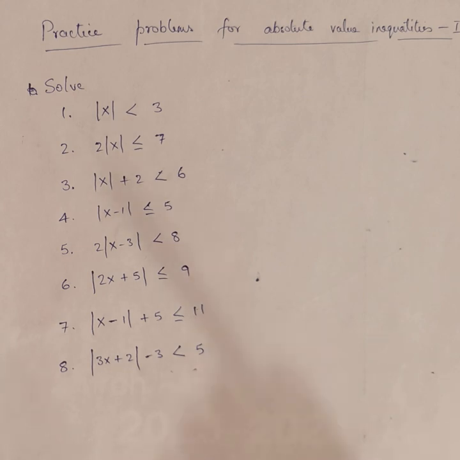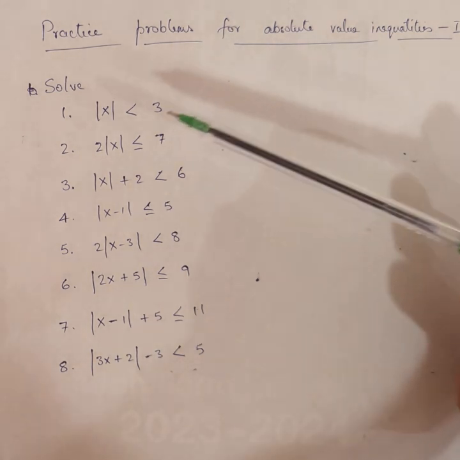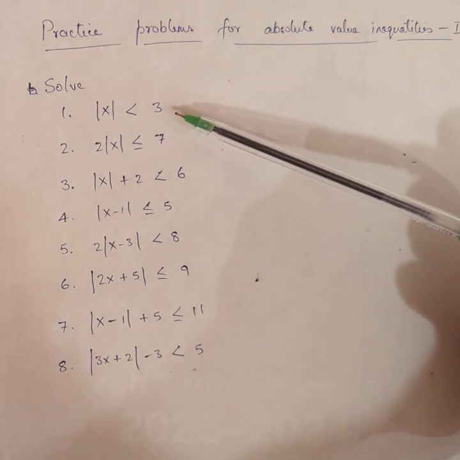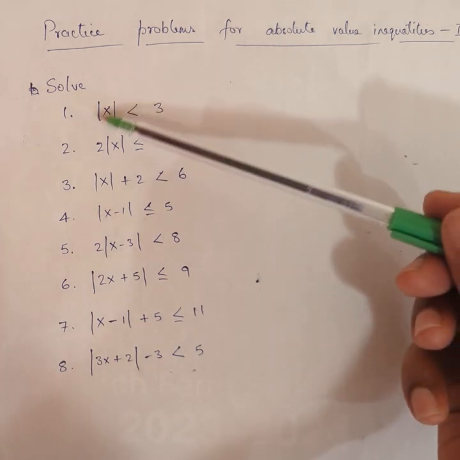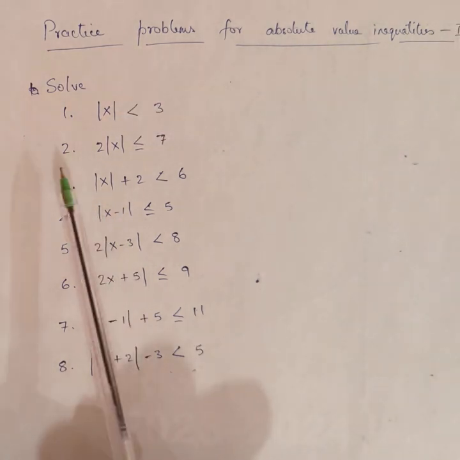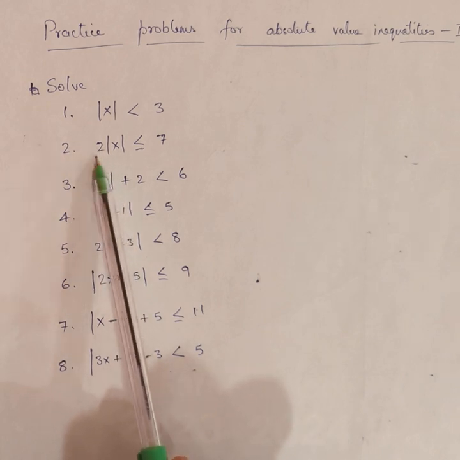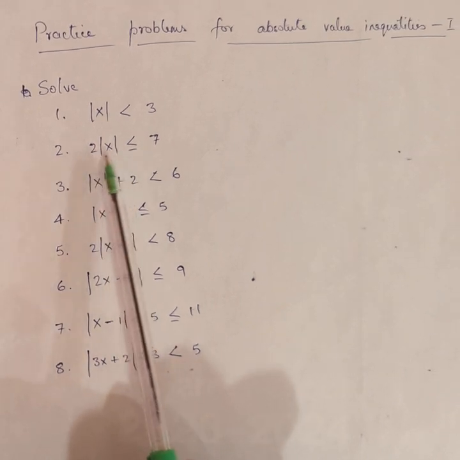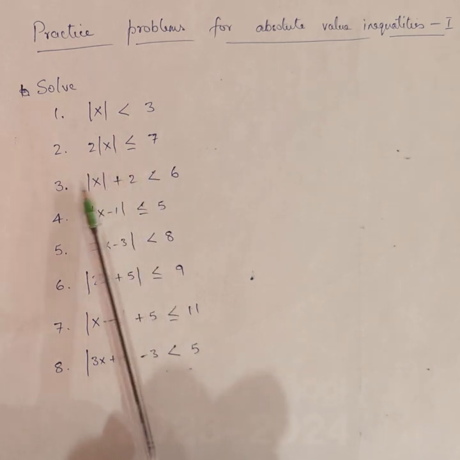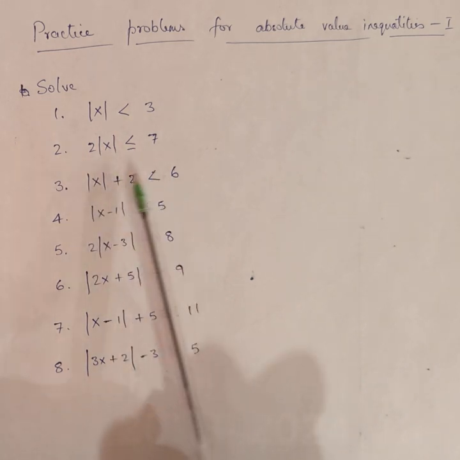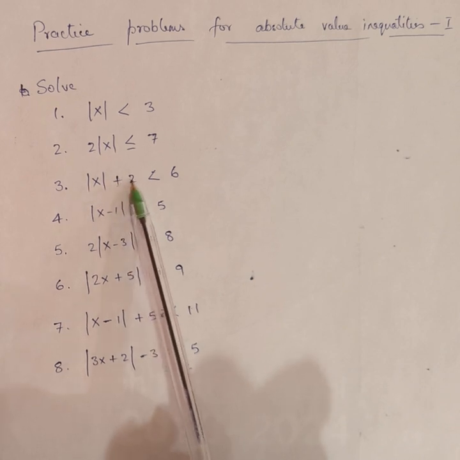So notice the problems start real easy. This one, number 1, you can simply write down the solution because you just have absolute value of x. In problem 2, you got to get rid of this 2 in front of x. Remember, it's 2 times. And here in problem 3, again, you got to get rid of the 2, but this is plus 2.